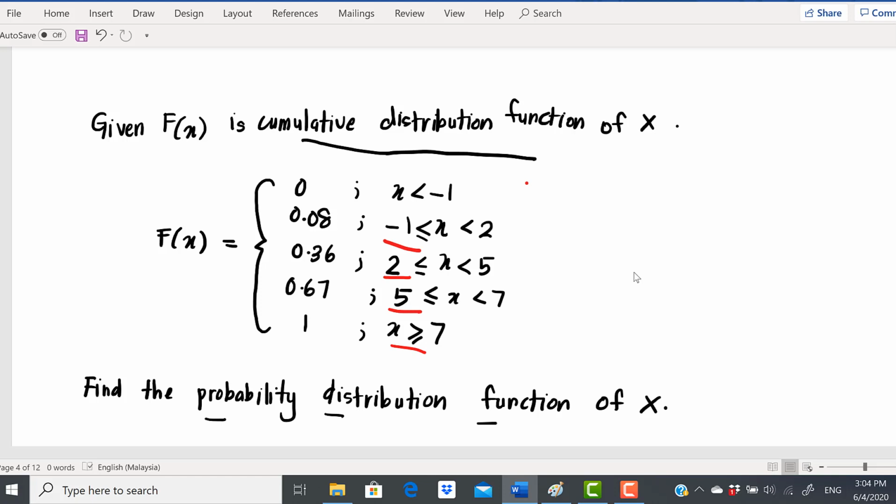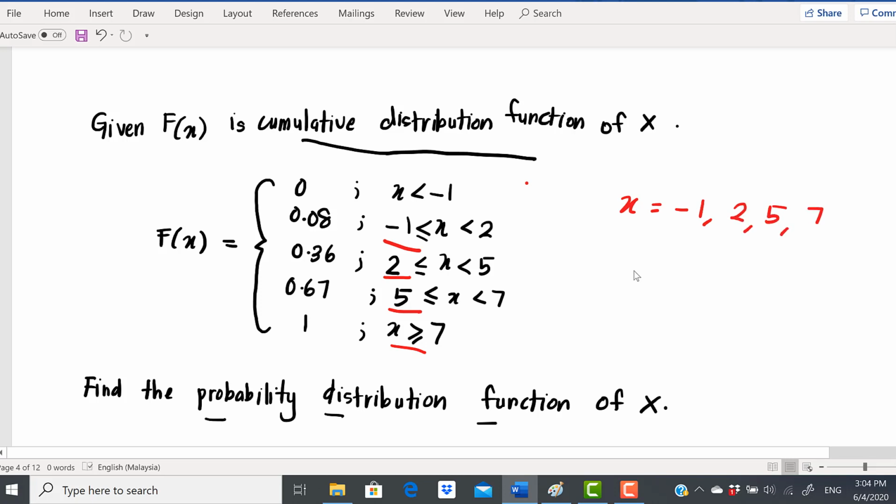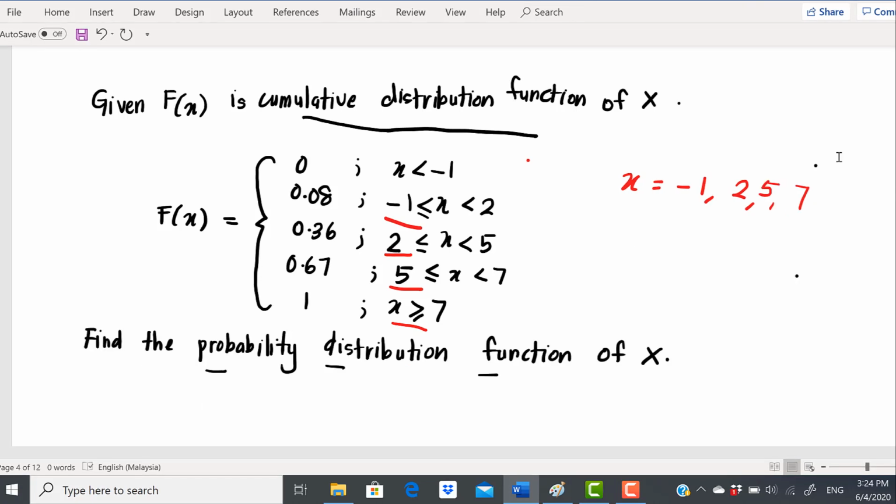That means if we have the PDF, our PDF is when X equals -1, X equals 2, X equals 5, and X equals 7. And we know that the minimum value is -1 and the maximum value is 7. So when X is equal to -1, F(x) becomes 0 because the minimum value is 0, and when x equals 7, the maximum value is equal to 1.